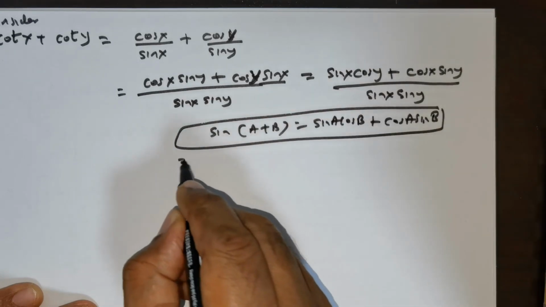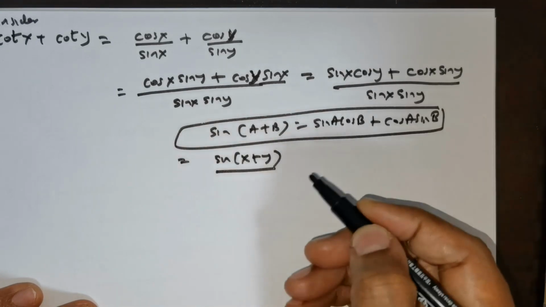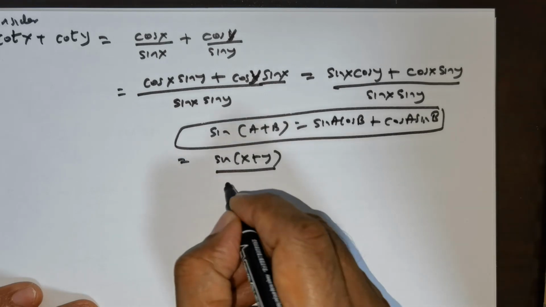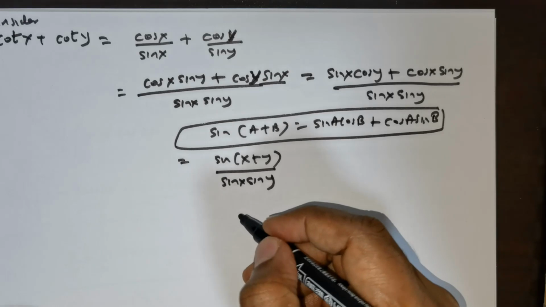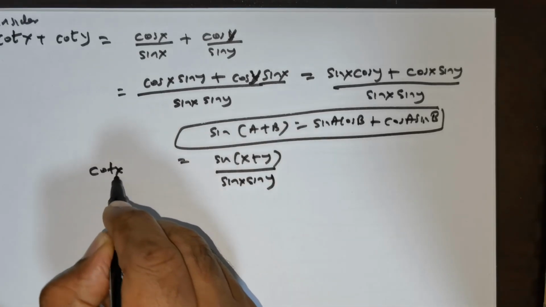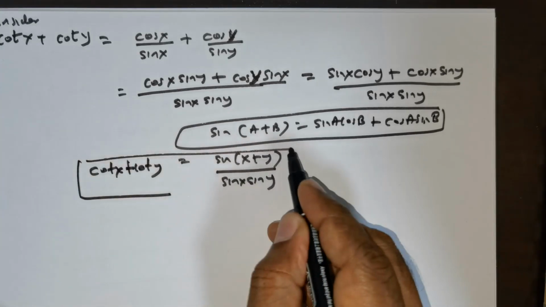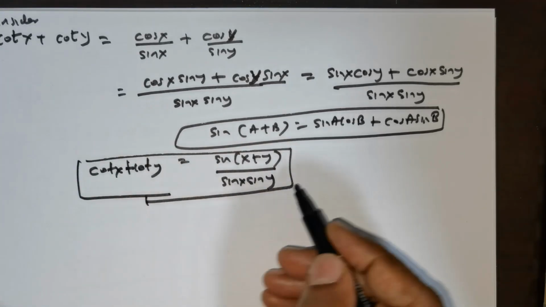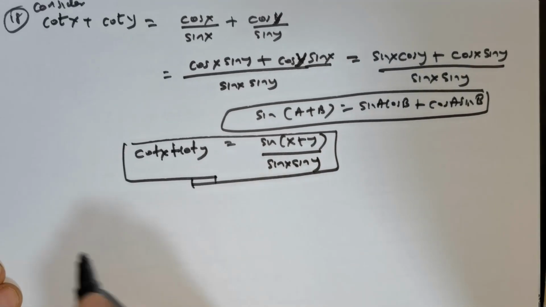So utilizing this, it is equal to sine of x plus y divided by sin x sin y. On the left you have cot x plus cot y. Now that is quite a handsome result. So we will move on to question number 19.